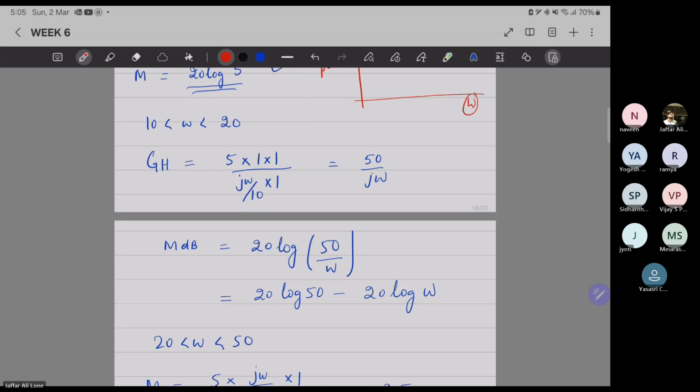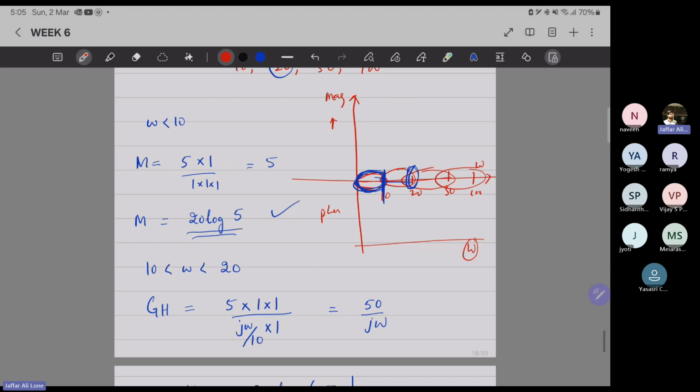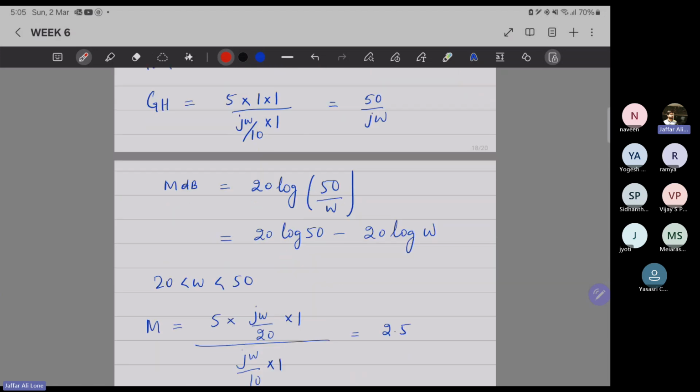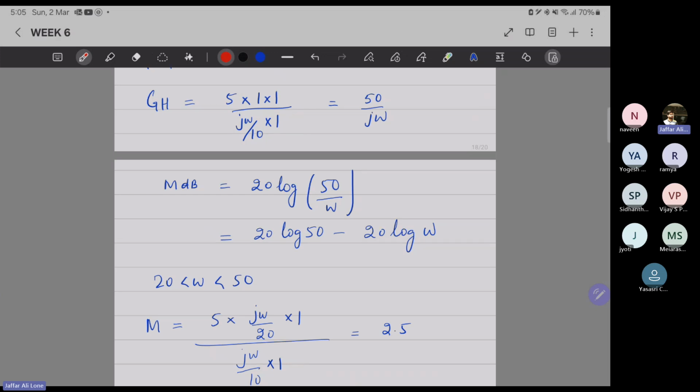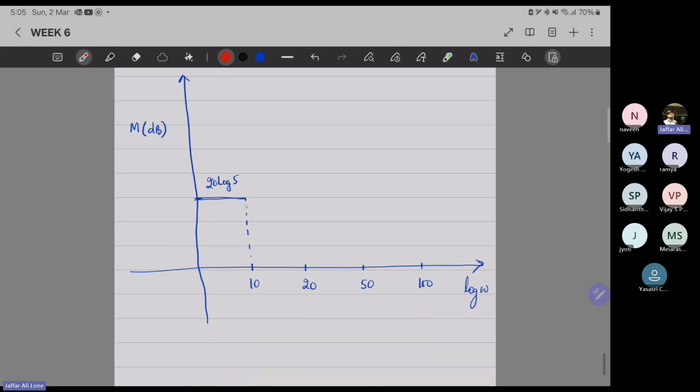My magnitude is 20 log 50 minus 20 log omega. So at omega equal to 10, it will be 20 log 2.5 probably. So if you put it, yeah, something like this.